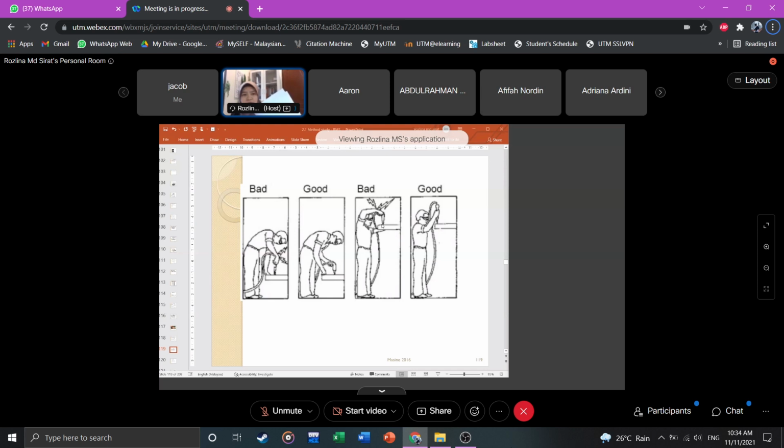But the second one is I shape. Okay, this is suitable for this situation, this posture, because your hand will be in a natural position, the natural posture. But if you want to use this L for a high workplace like this, it is not suitable.